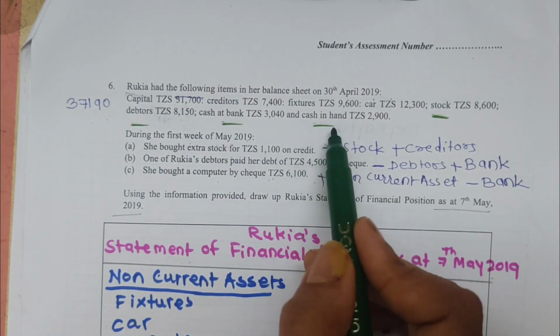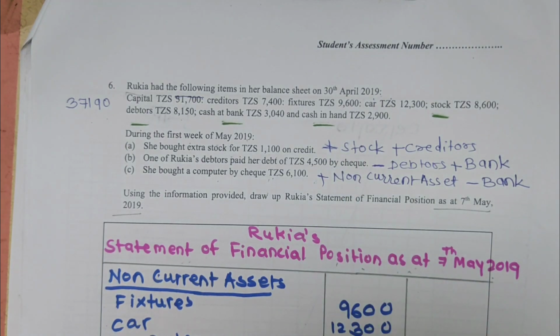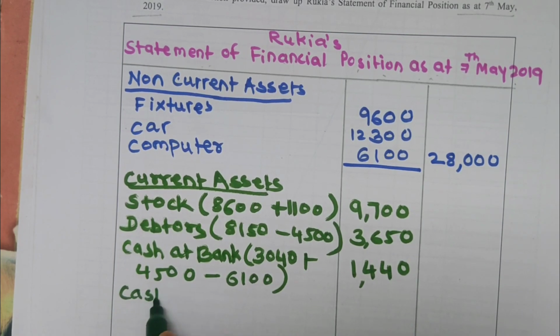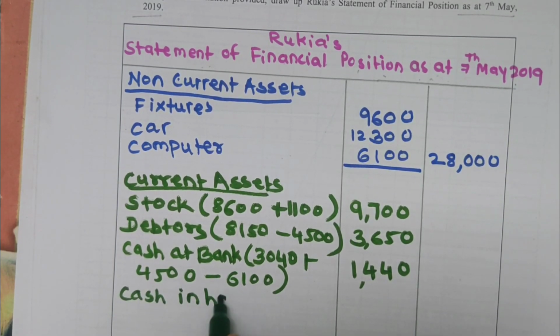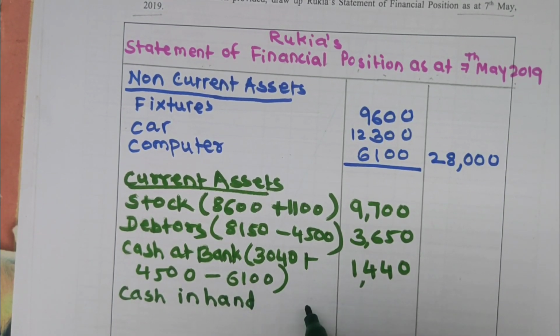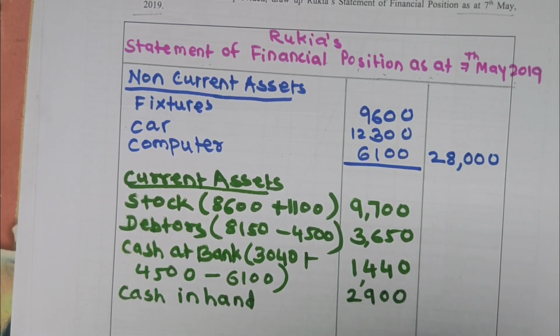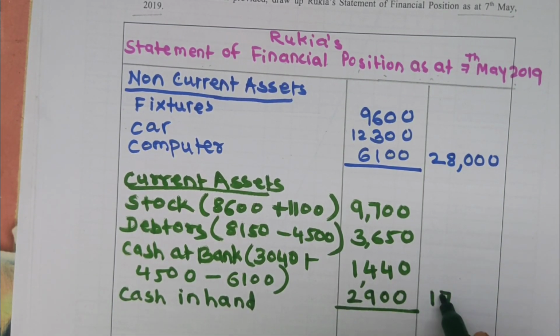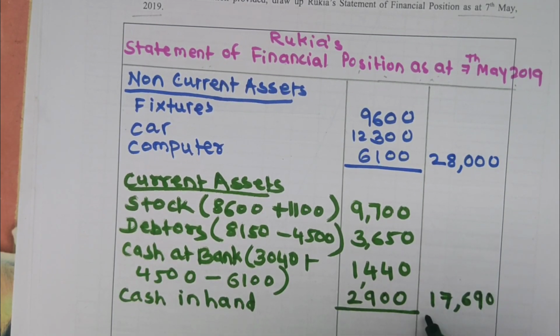Then the last item remaining for the current asset, see, we have taken the stock, debtors, cash at bank. Now the last one is cash in hand. Now there were no transactions affecting cash in hand. So we can directly write down cash in hand 2900. So when we add all these current assets, we get 17,690.